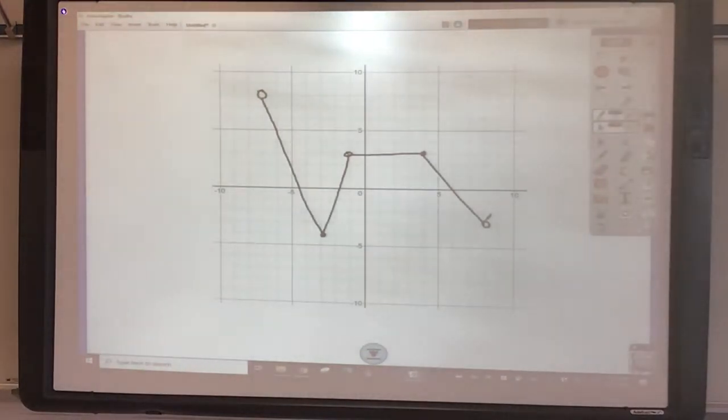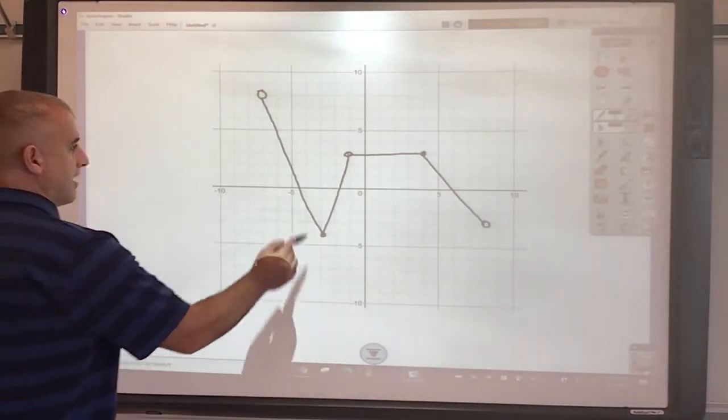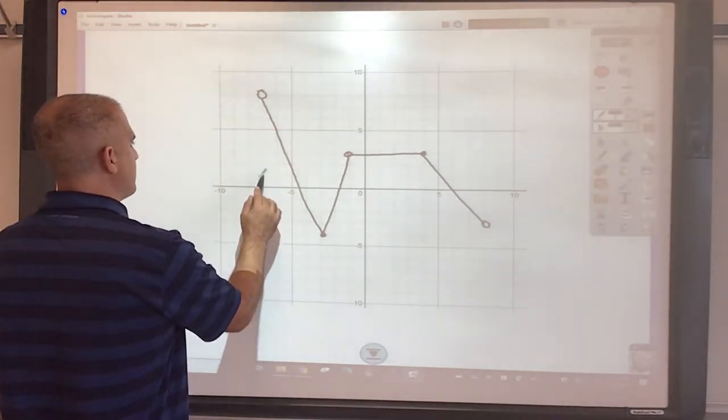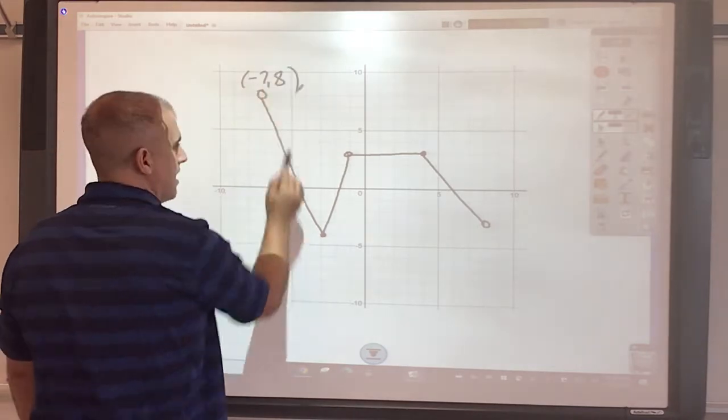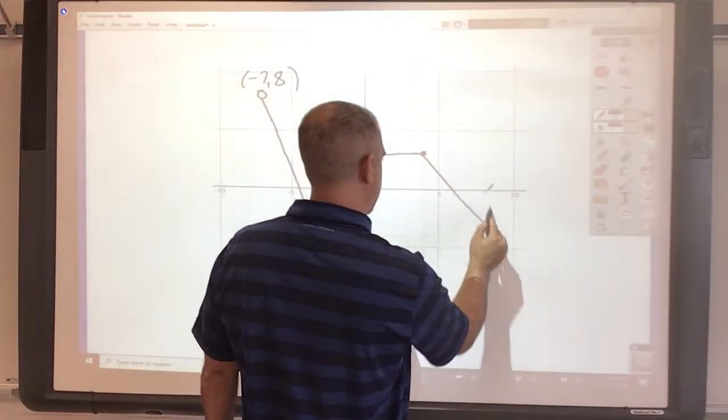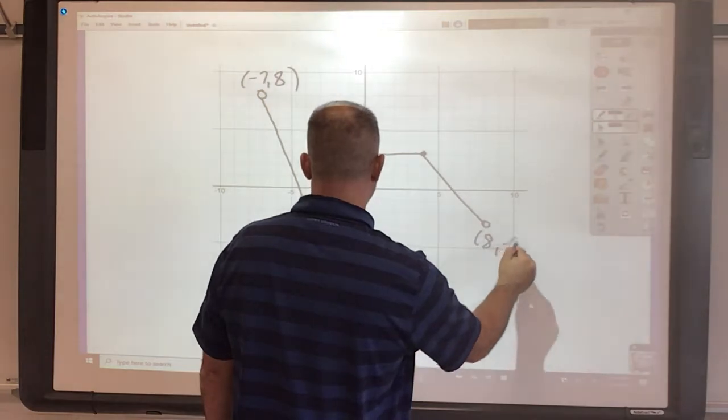Now, I have no arrows involved here, so I got to label these endpoints. That's negative 7, 8. And then this one ends at 8, negative 3.